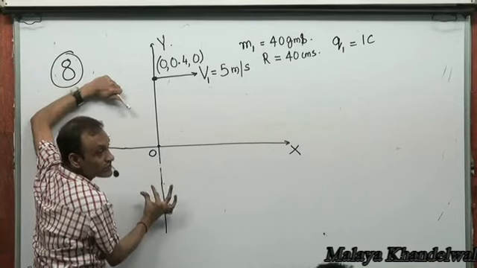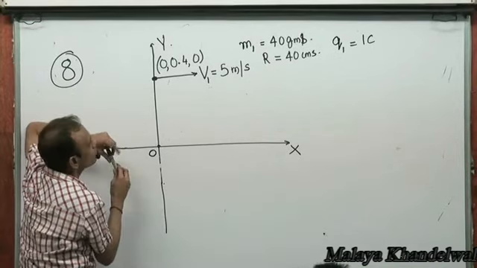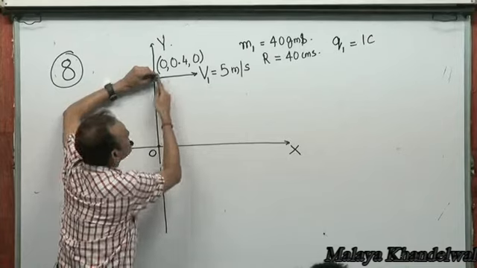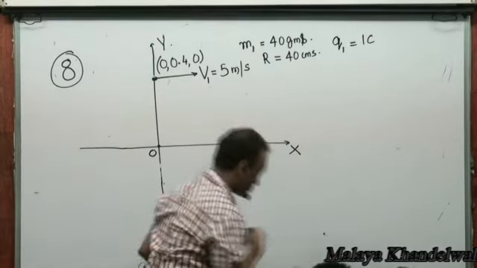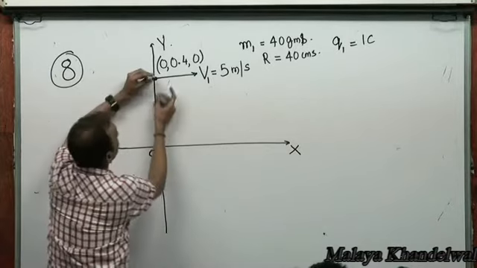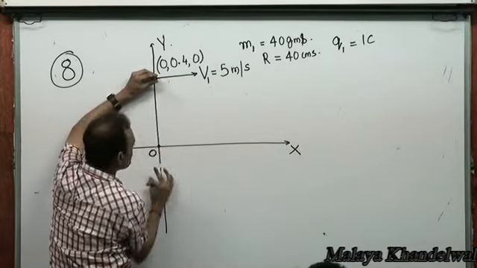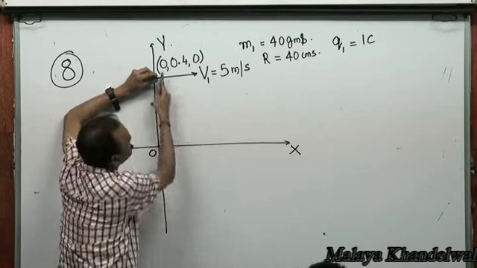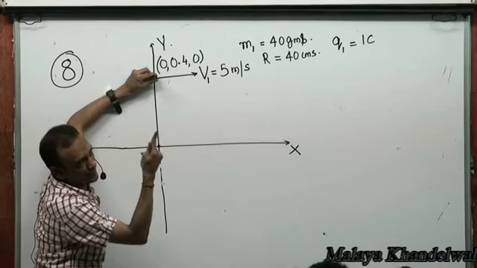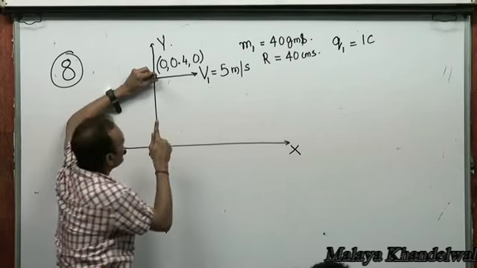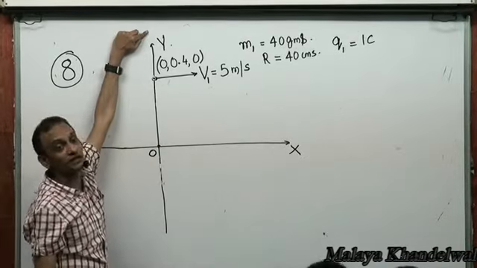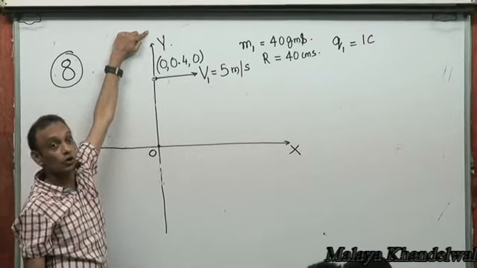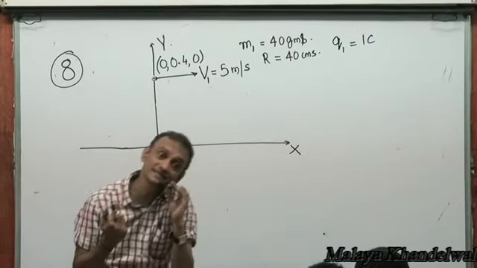The centripetal force is given by v cross B. Now, suppose B lines come out. Then v1 cross B points towards the center. That means B lines must indeed be coming out of the plane of the board. Otherwise, if B lines were going in, then v cross B would have been upwards, and the center of the circle would be higher than this. So B lines are in the plus z direction.